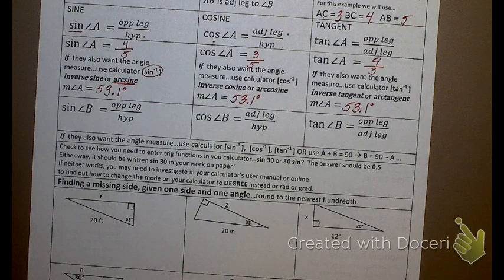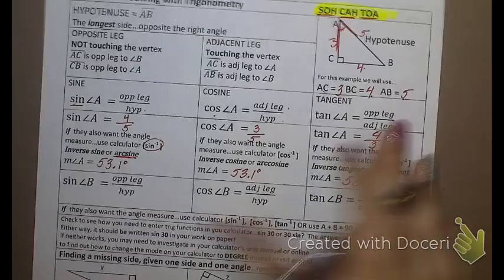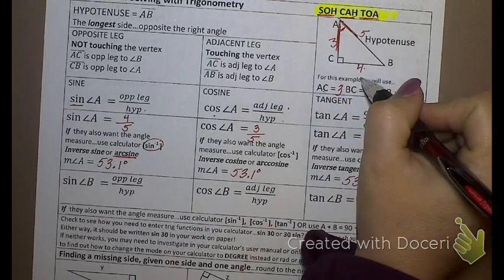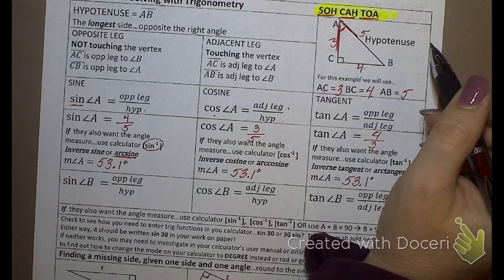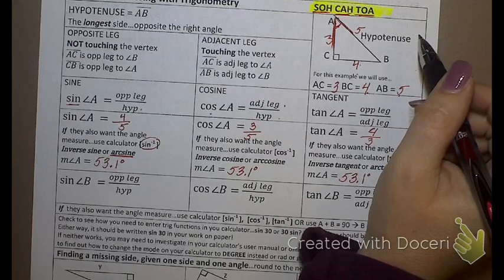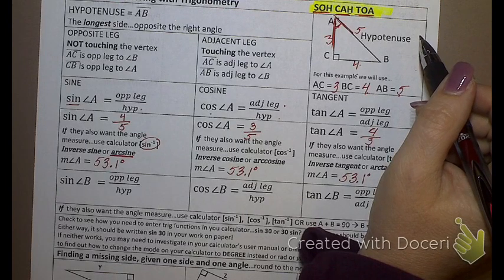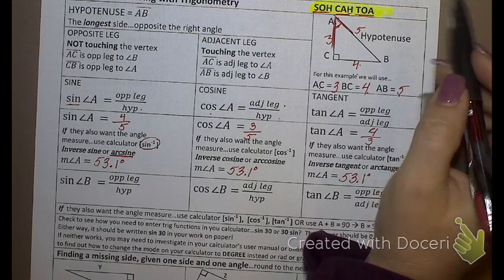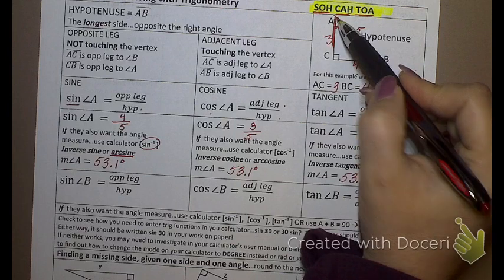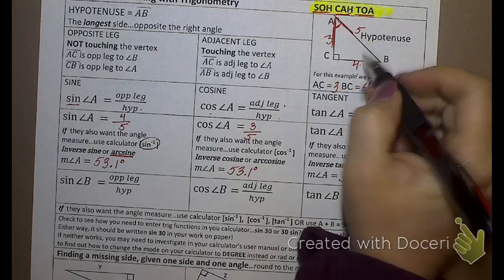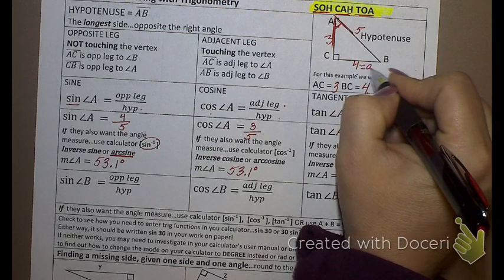All right. Let me label these sides now. Okay? Here's how we get the little a, little b, little c that I said I'd come back to. Side little a is the opposite of angle A. So if this is angle A, the side opposite is little a. That would be the side that's labeled 4.